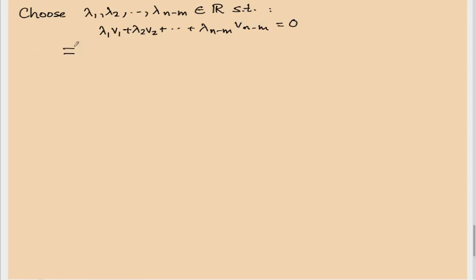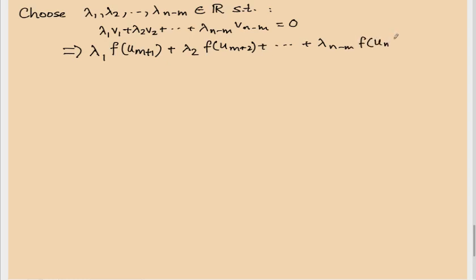the linear combination is 0. But this means that lambda 1 f of u m plus 1, plus lambda 2 f of u m plus 2, and so on, plus lambda n minus m f of u n, this is 0.